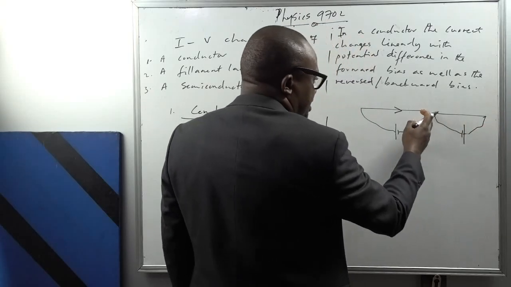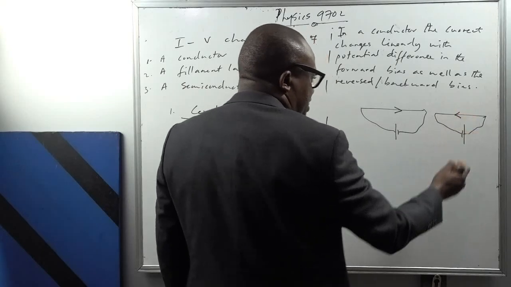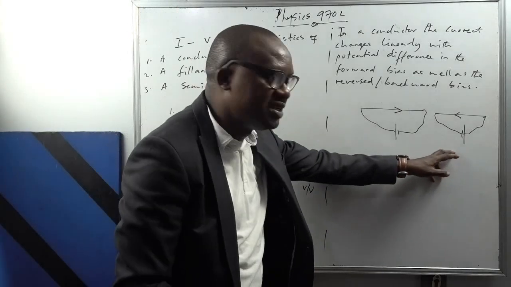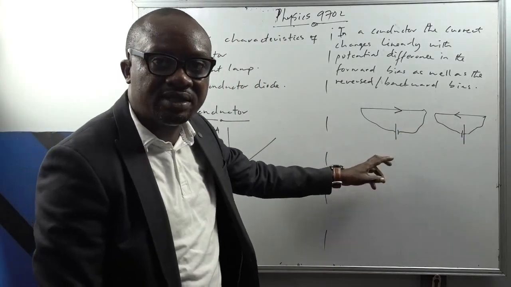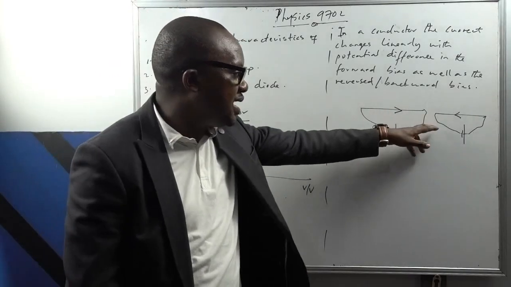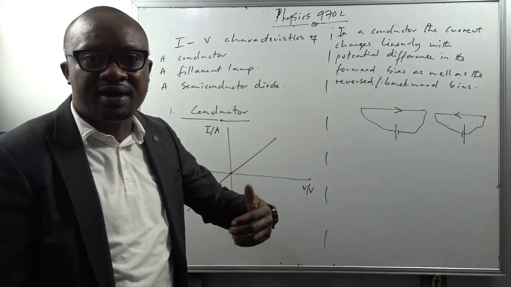So this end is negative, this end is positive. The current still flows from positive to negative. That means that the current is now flowing in the reverse bias. So a conductor allows current to flow in the forward bias as well as the reverse bias.